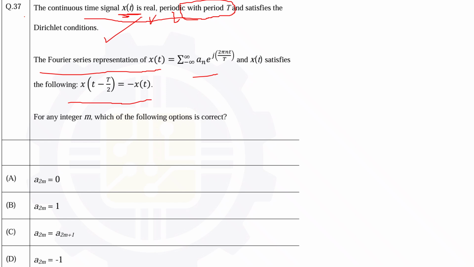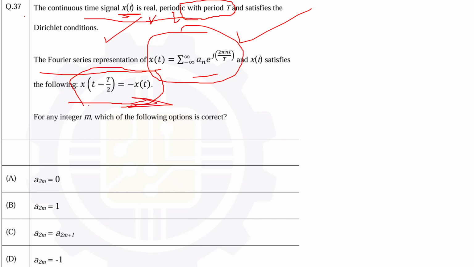For any integer m, which of the following options is correct, right? So x(t) is already given here, and now they are telling that this condition will also hold, that if you are shifting by minus T by 2, then it will be minus x(t).